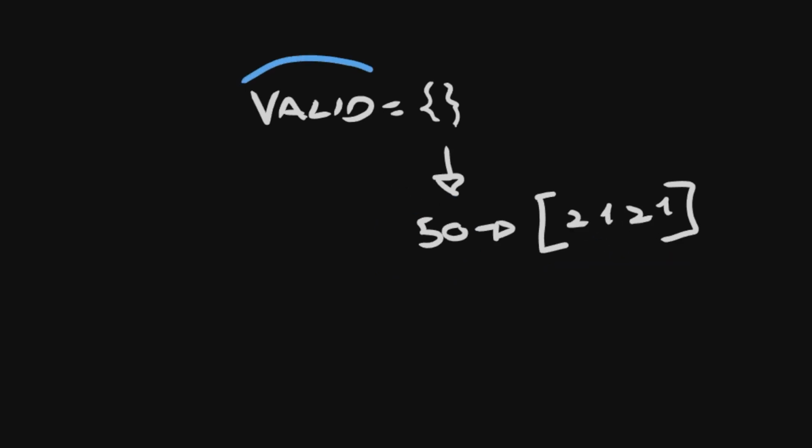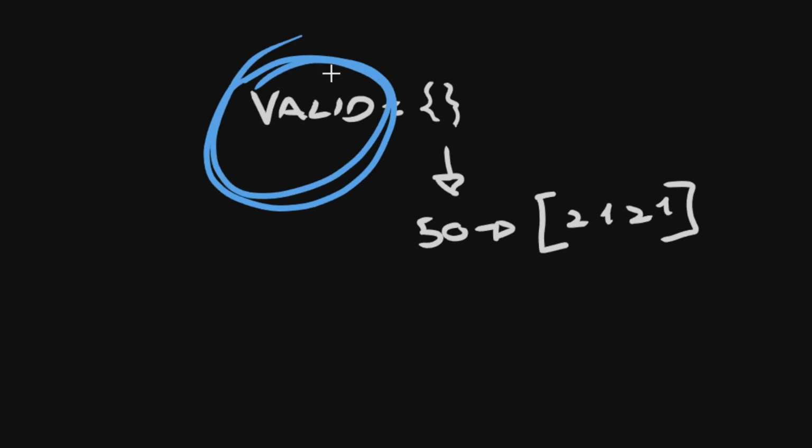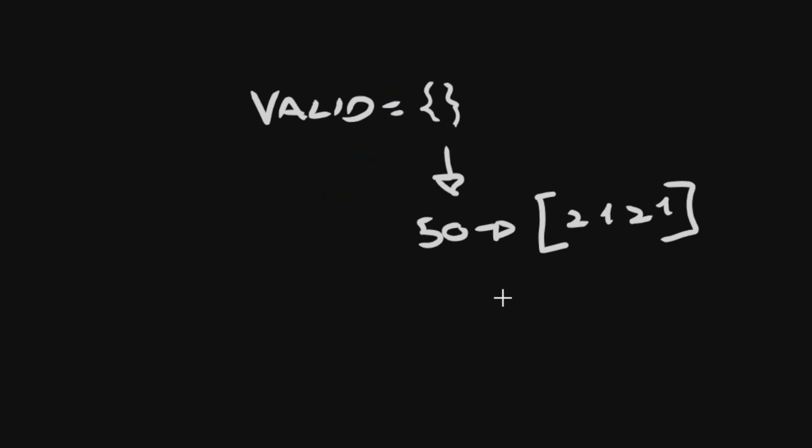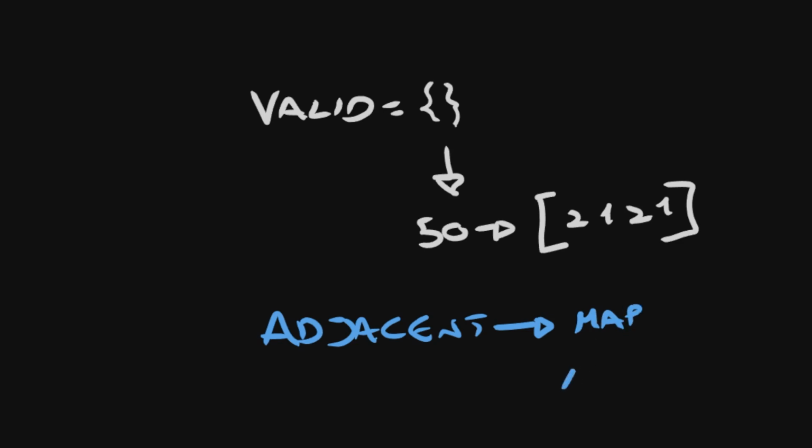Now we can iterate this again in a nested for loop and check which are the valid adjacent rows. So this will be another map with the form of mask 1 has an adjacent row of mask 2.